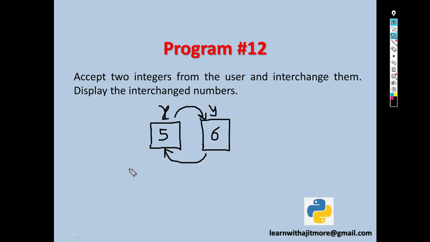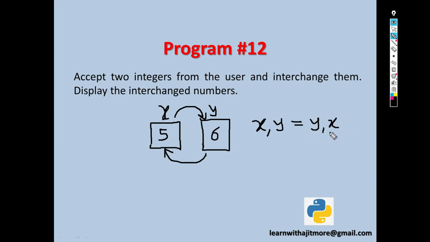This you can do in Python very easily because Python allows multiple assignment. You simply have to write x comma y is equal to y comma x. In the past problem solution, I have told you about this. Whenever you write y comma x on the right side of the equal sign, it gets converted into a tuple.